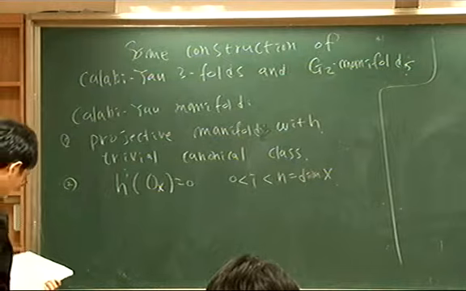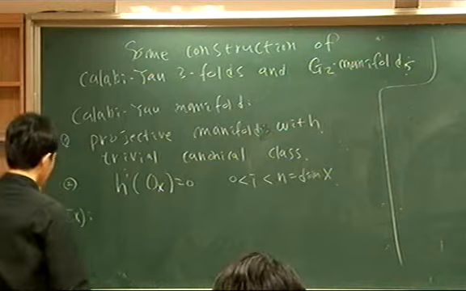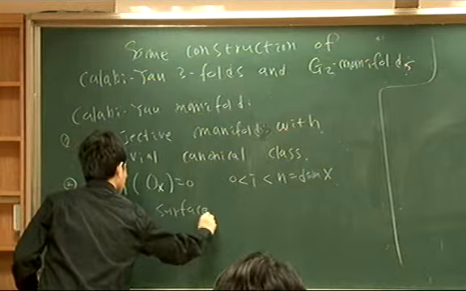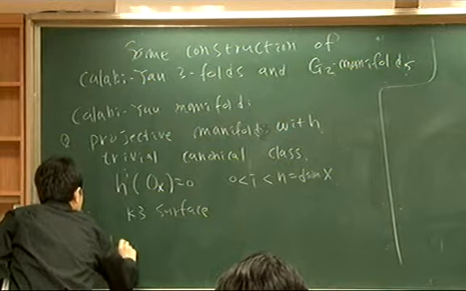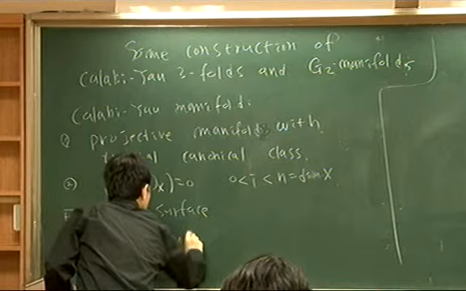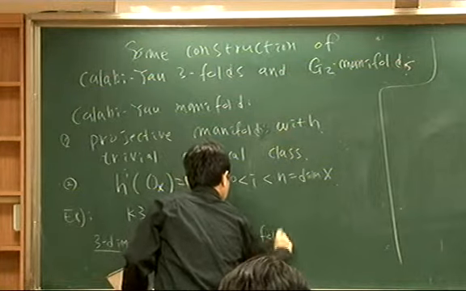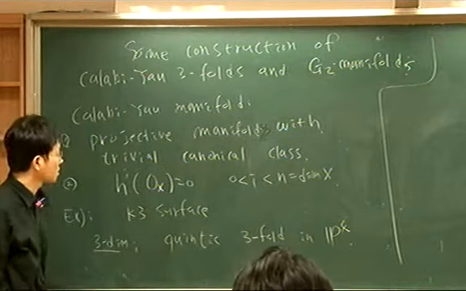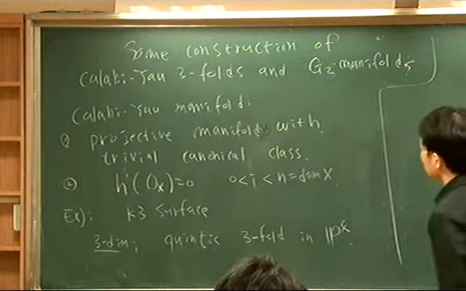Okay. So the example is, in 2 dimensions, a K3 surface, an algebraic K3 surface. And in 3 dimensions, its most simple example is the quintic hypersurface in P4, the quintic threefold. By the adjunction formula, you can show that this has a trivial canonical class.